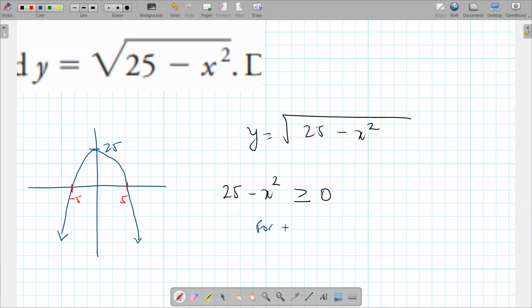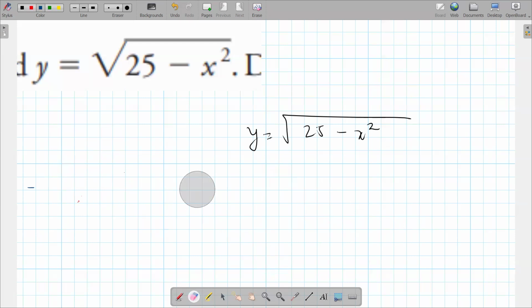For which x values is the function greater than or equal to 0? Between -5 and 5. Exactly, between -5 and 5. Can it be exactly -5 and exactly +5? Yes. So we know the domain for this is from -5 to +5 inclusive.